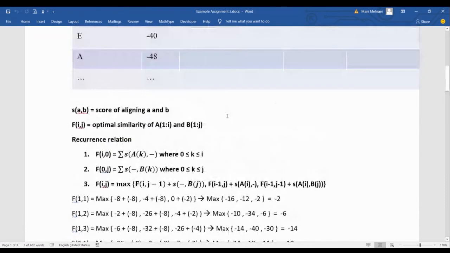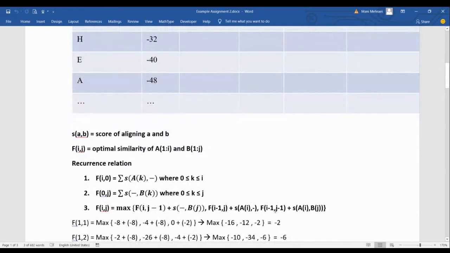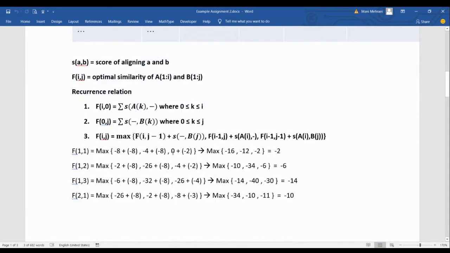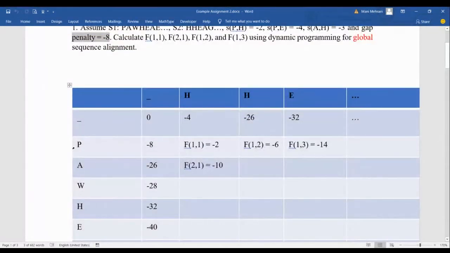For the third component, look at the formula again and assign the values inside it, which is 0, 0, the position of the 0th row and 0th column in this table, which is 0. So it will be 0. And this one, the score of aligning A_i with B_j, which is 1, 1. For 1, 1, we have the position. Well, what's the value of that?